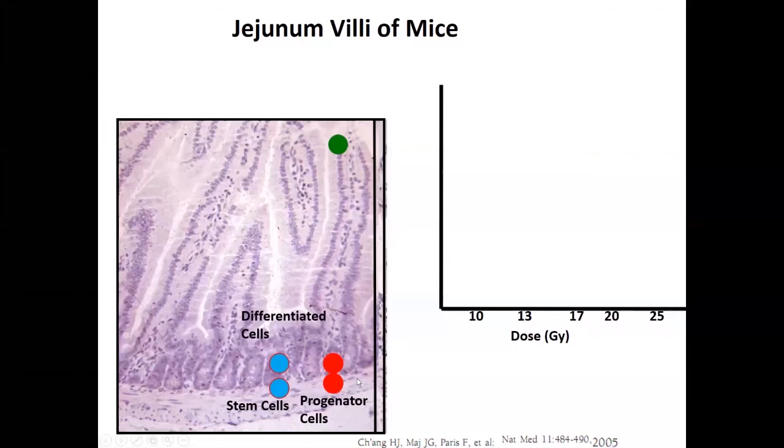What they observed initially was that increasing dose of radiation resulted in reversible diarrhea, recovery took place and there was no death in the mice. When they further increased the dose, the stem cells may be killed, ultimately resulting in irreversible diarrhea, leading to death of mice.